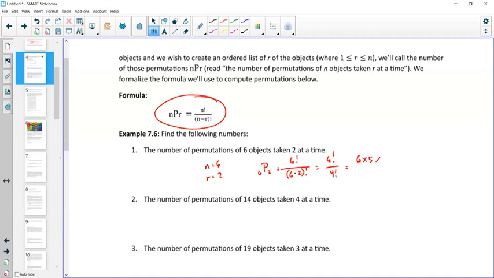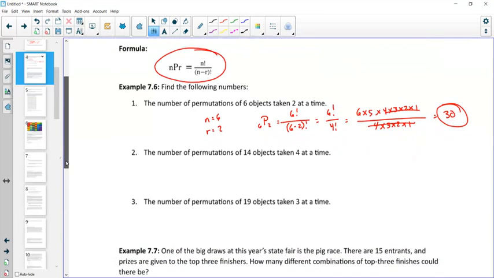And 6 factorial is simply 6 times 5 times 4 times 3 times 2 times 1, and 4 factorial is 4 times 3 times 2 times 1. This and this cancel out, and I end up with 30.